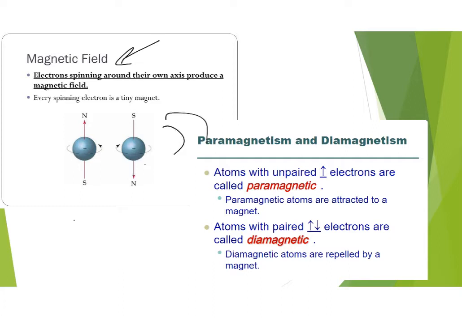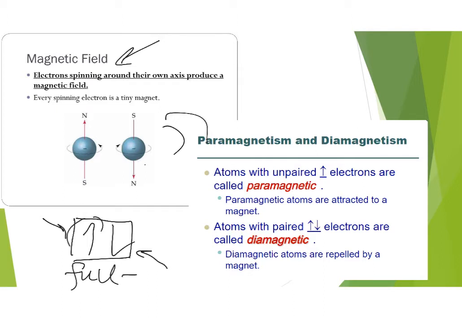Now, if we have an orbital, the conventional symbolism for orbitals is the box, although sometimes you'll see them as circles, and electrons are typically represented as half arrows. This meaning spin up, this meaning spin down. If you have an orbital that is full, the magnetic fields emitted by both of them cancel out, because they're spinning in opposite directions.